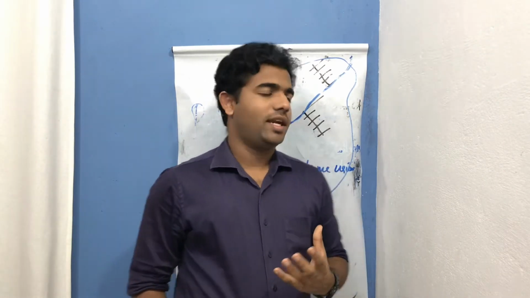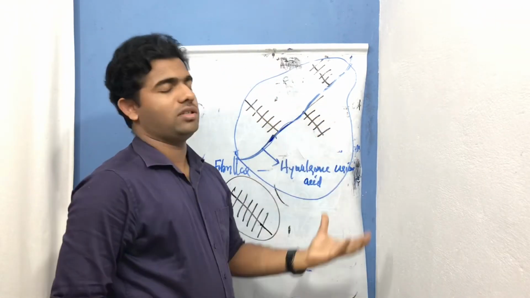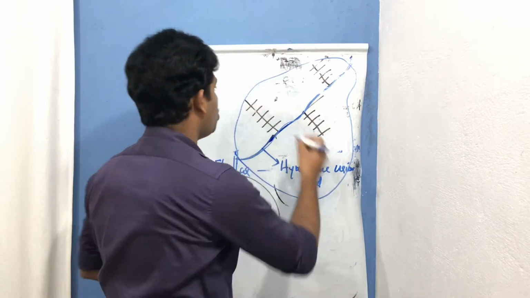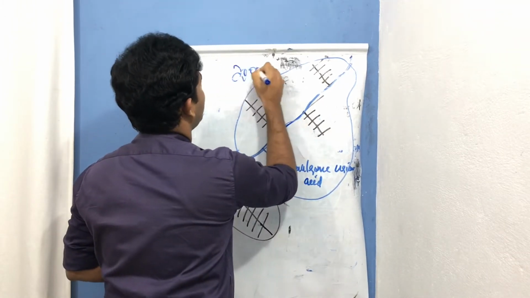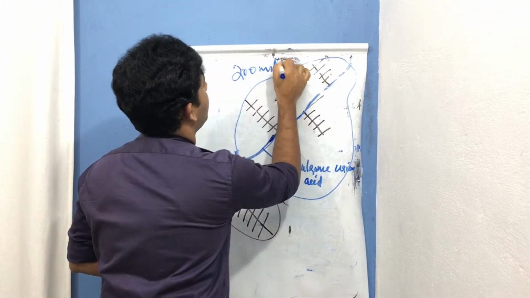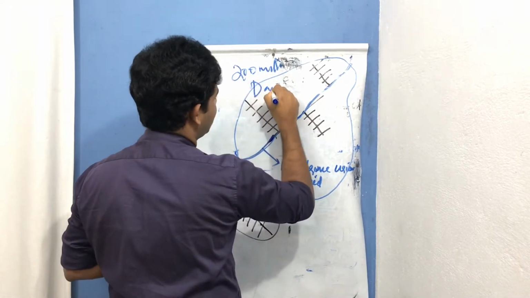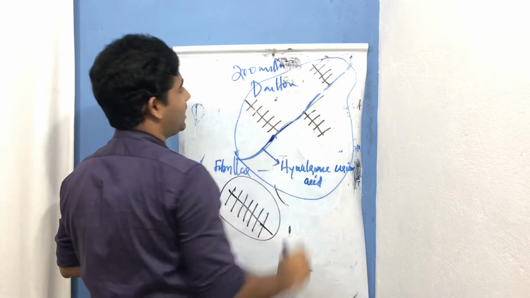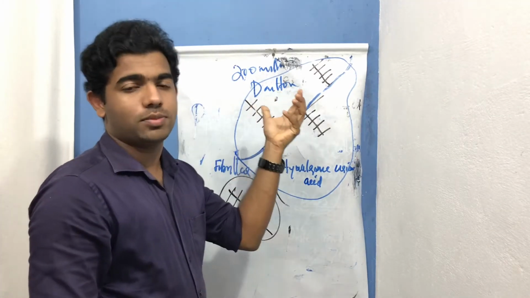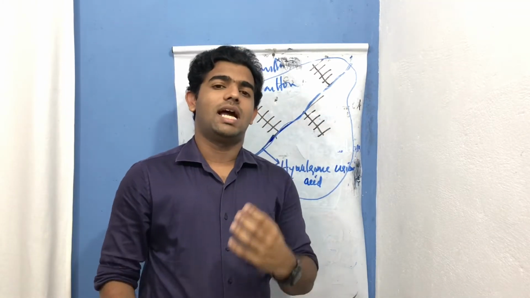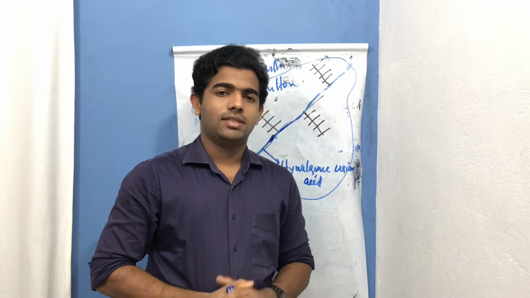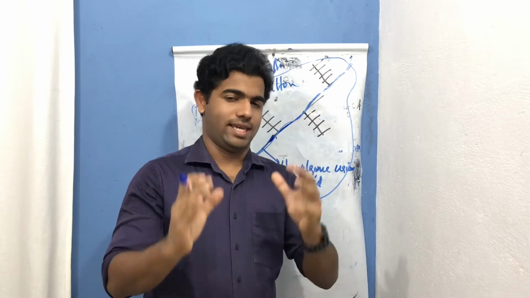And this finally exists as a unit with about 200 million Dalton weight. Right? That's all about the proteoglycans.